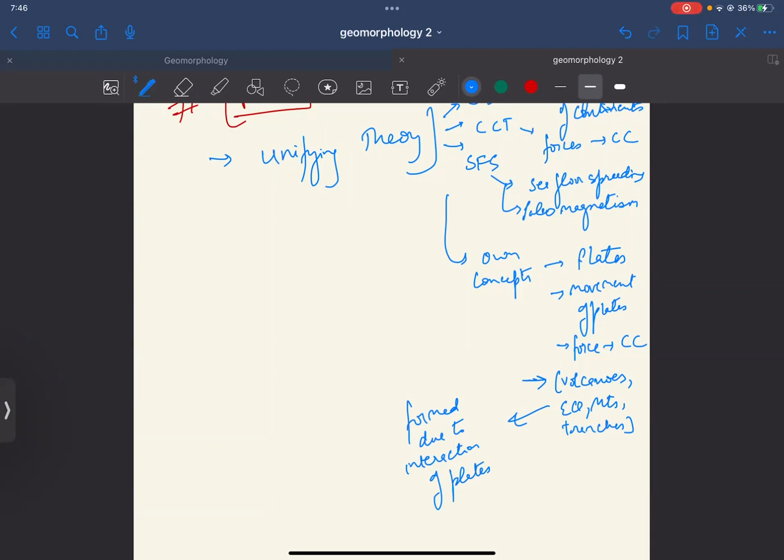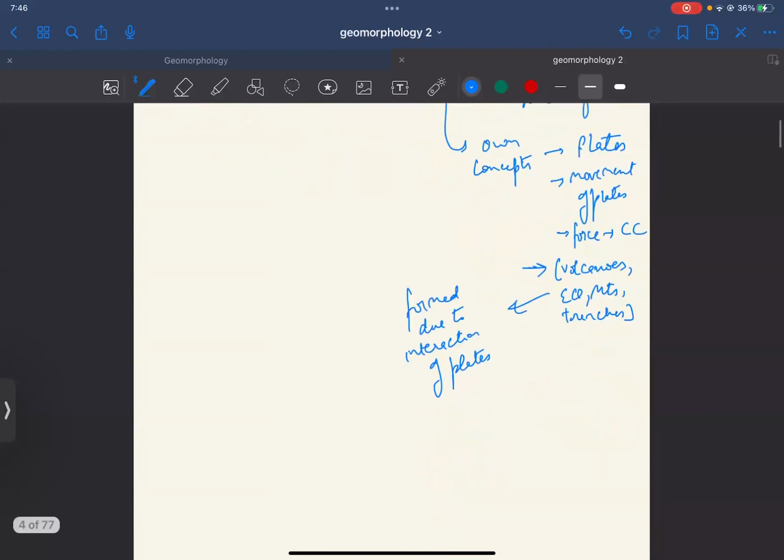I hope you have got a basic idea. It first unifies the earlier theories. Then it gives its own concept about plates. Then it says plates are moving due to convection current. And all the features like volcanoes, earthquakes, mountains have been explained due to interaction of the plates.